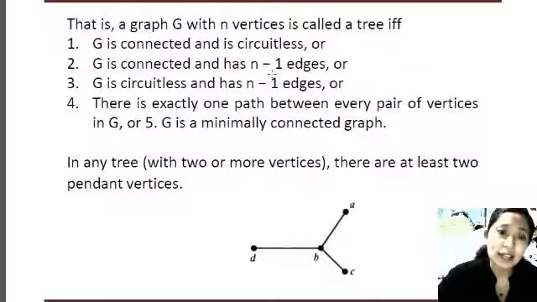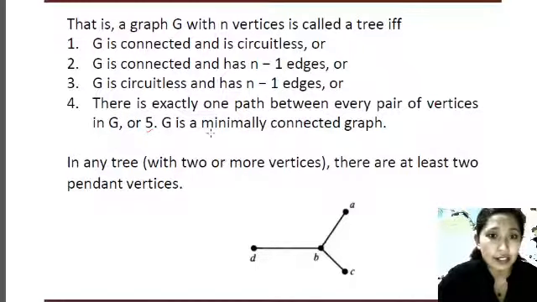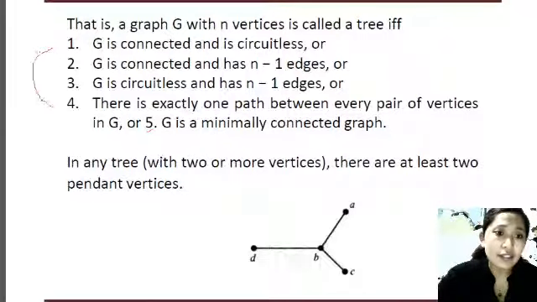Or we can say G is a tree if it does not have any cycle and it is having n minus 1 edges. Or a graph G can be called a tree if there is exactly one path between every pair of vertices. Or the fifth one is, a graph G will be called a tree if that graph is a minimally connected graph. So these are the 5 different definitions of a tree.